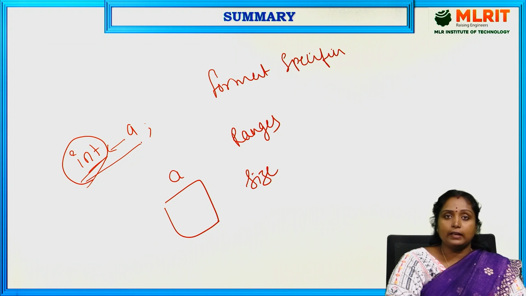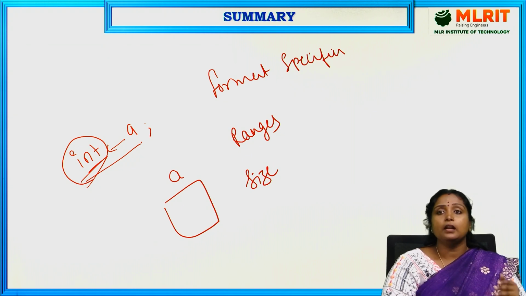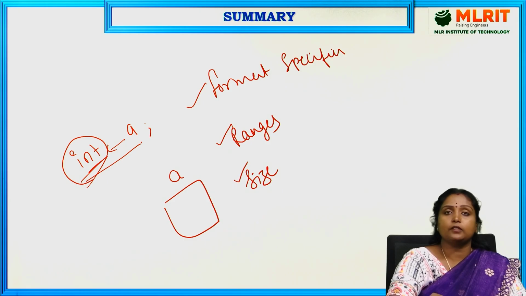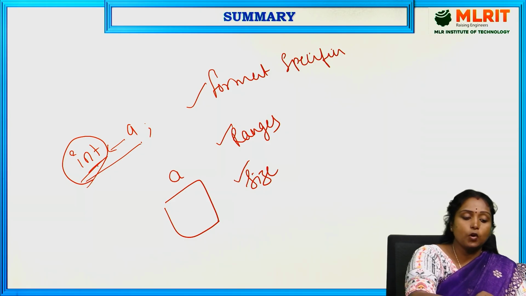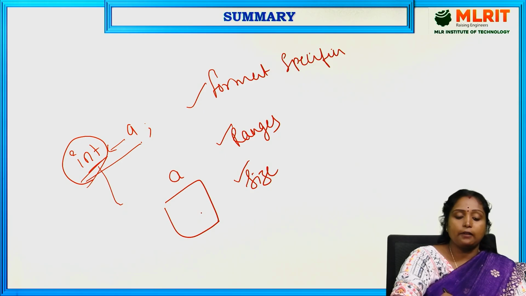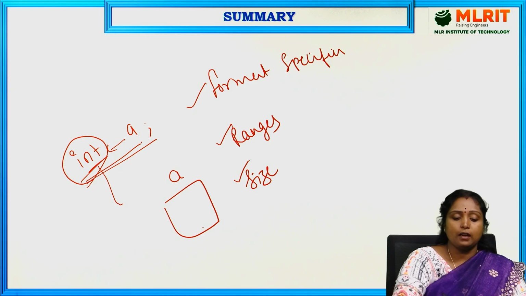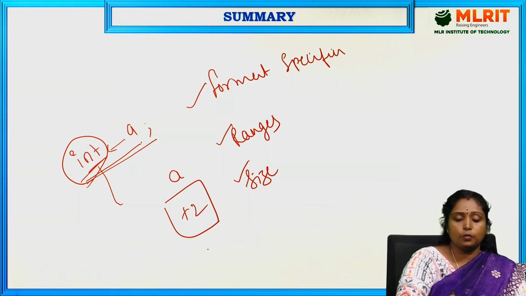So we have n number of data types here. We have seen the format specifiers, ranges, and sizes of each data type, and which type of values it will store. So for example, if you have int a, it will hold integer values like 1, 2, 3.